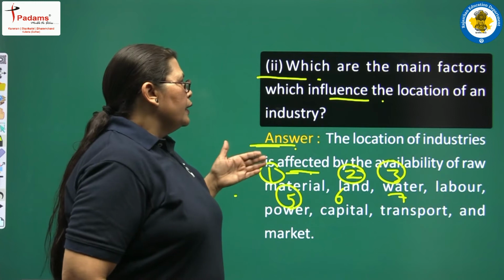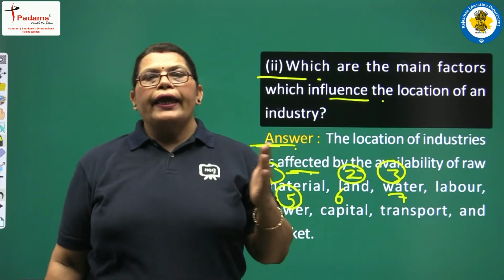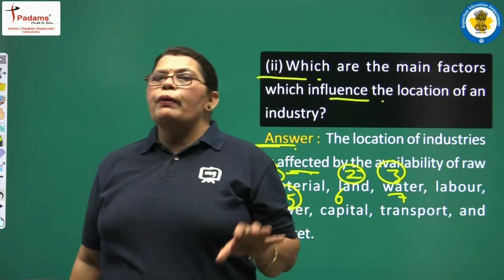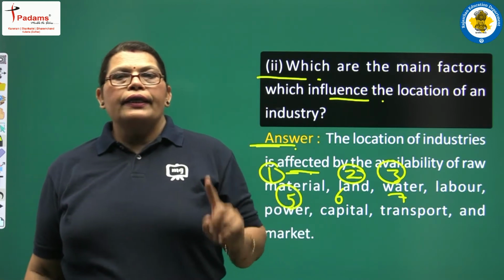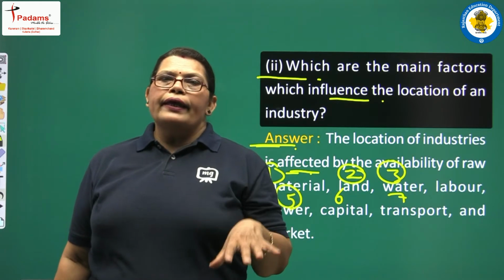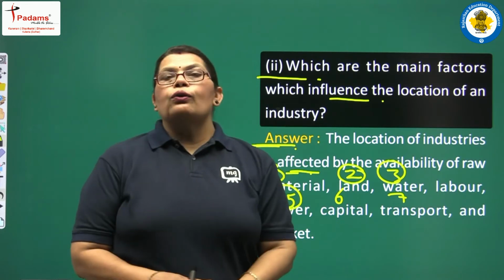If any industry has proper availability of raw material with land, water, power supplies, labor supplies, and proper capital investment, transportation facilities, and lastly, the main one, markets, only in that condition will we say the location is favorable.